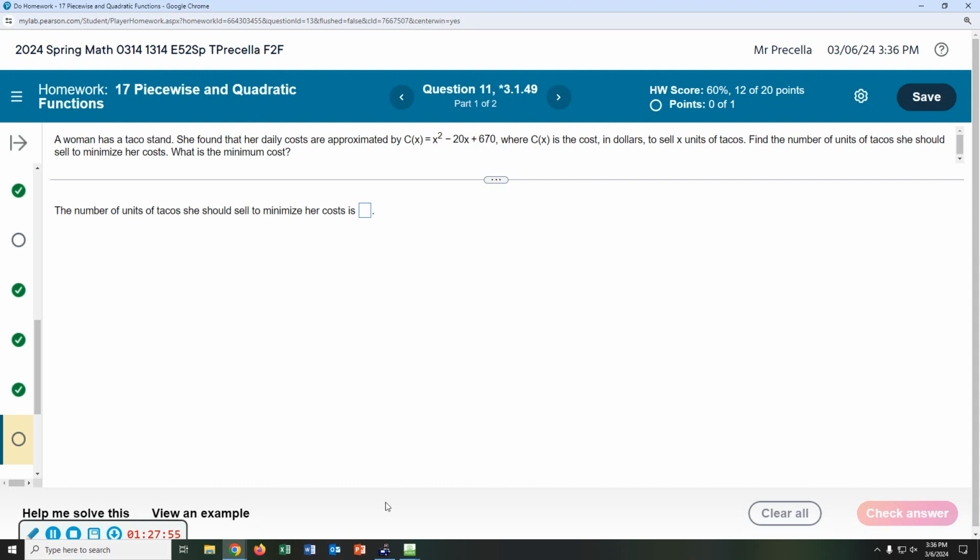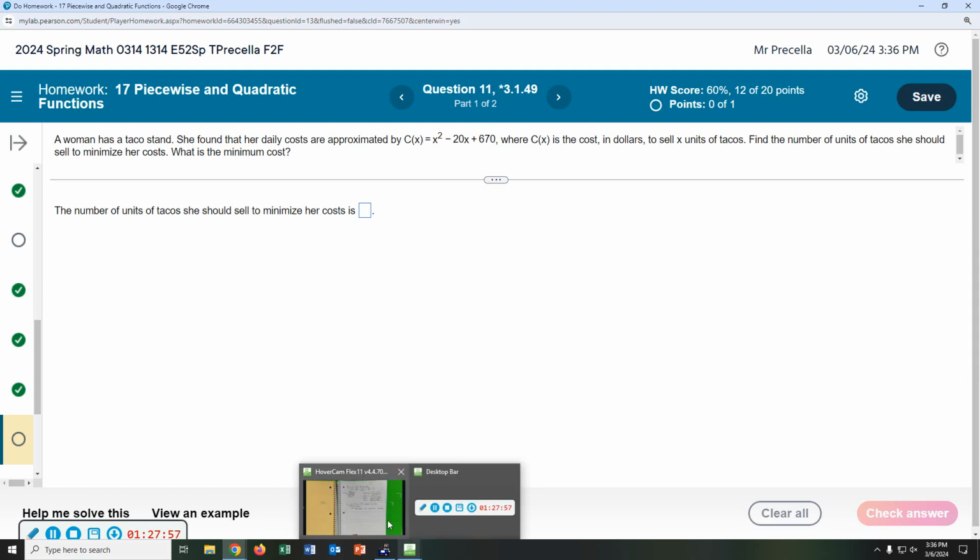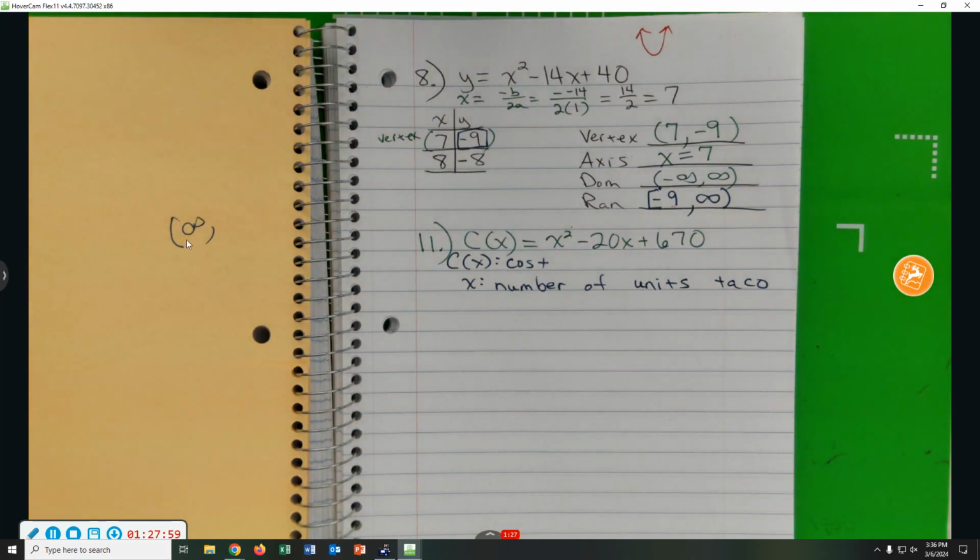And I'm not sure if minimizing cost is actually what someone would want to do in this business. If you're selling tacos, you're probably more interested in maximizing profit than minimizing cost. Profit is what you have left over after you pay all your bills. Revenue is what you take in. The money that goes into that cash register, that's your revenue.